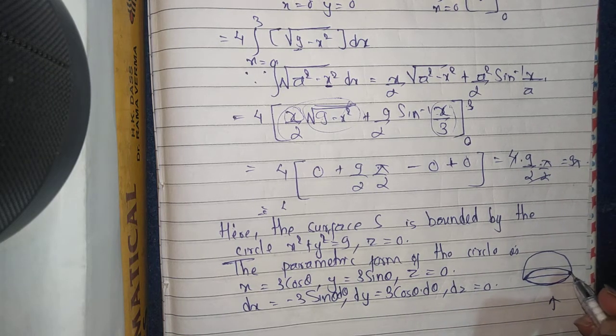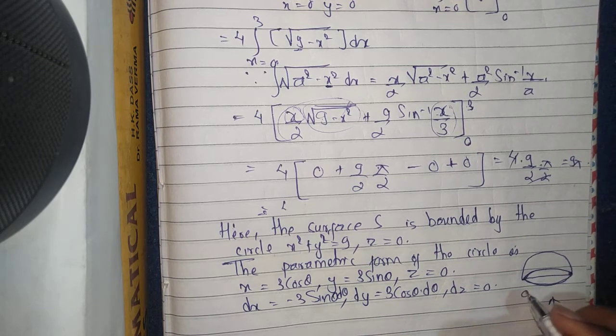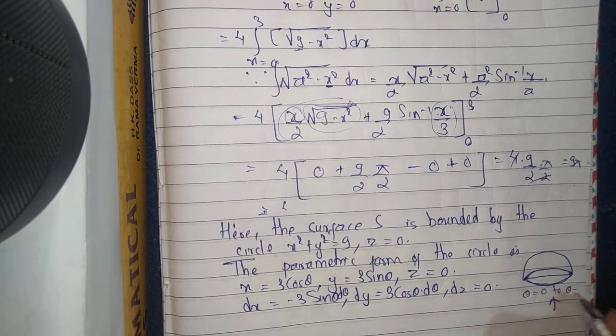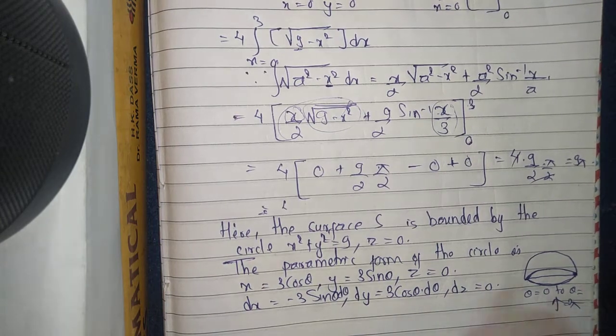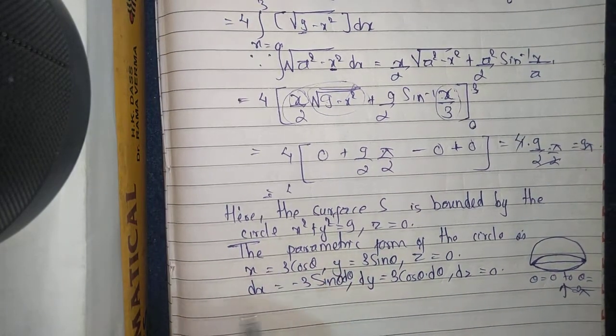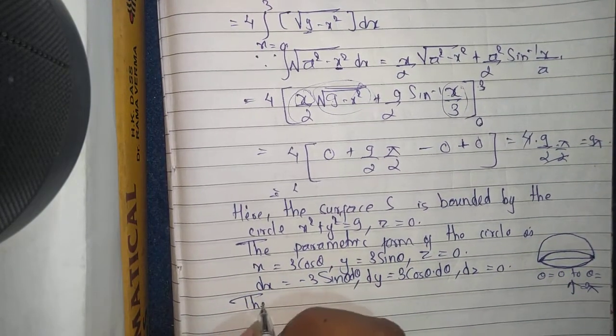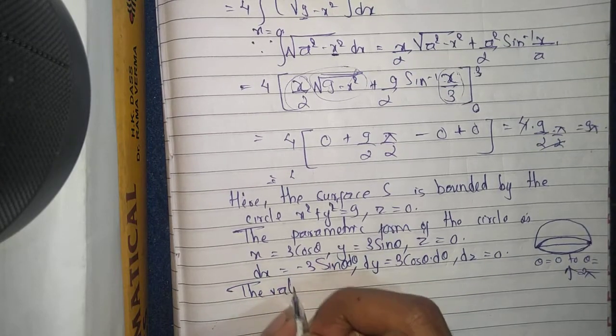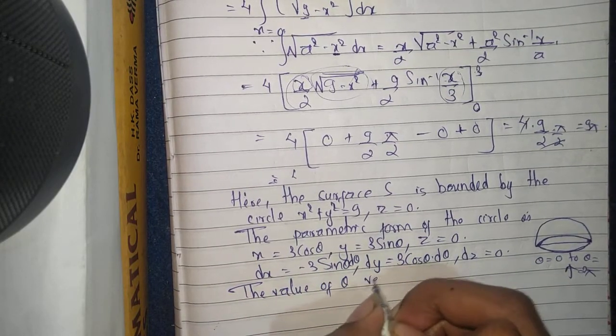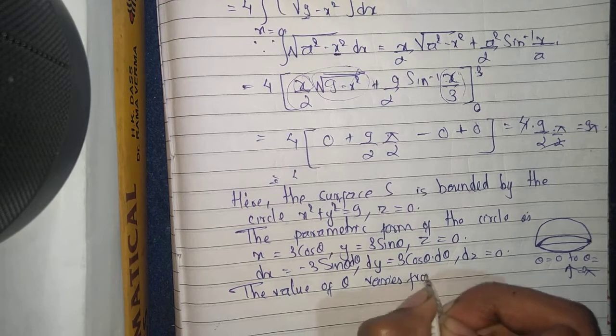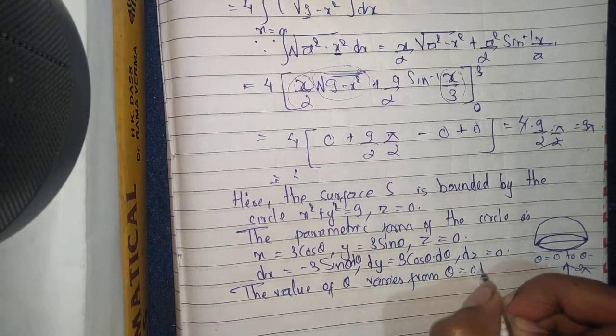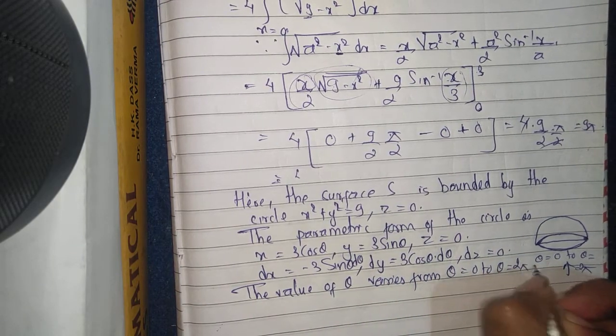For the circle, the value of theta varies from theta equals 0 to theta equals 2 pi.